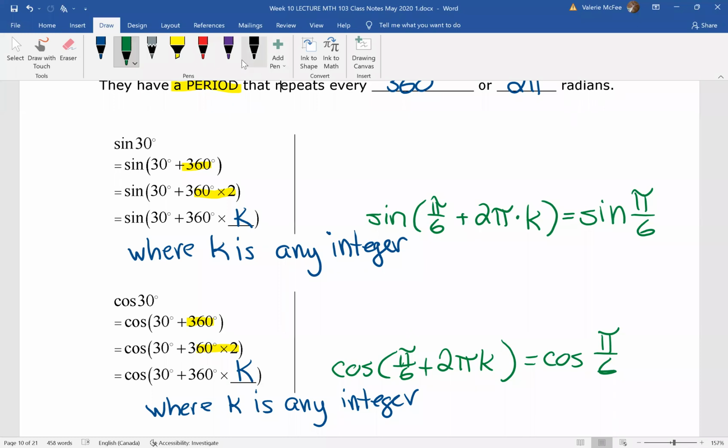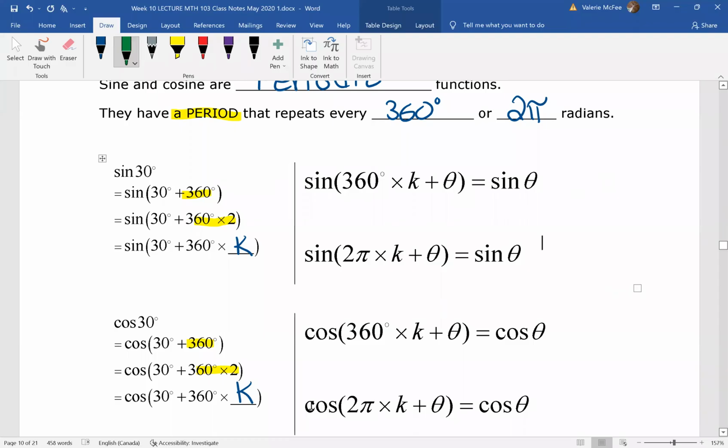We can generalize this formula to include any angle measure. So I have the formulas written here for you, both in degrees, let's highlight those in yellow, and in radians.